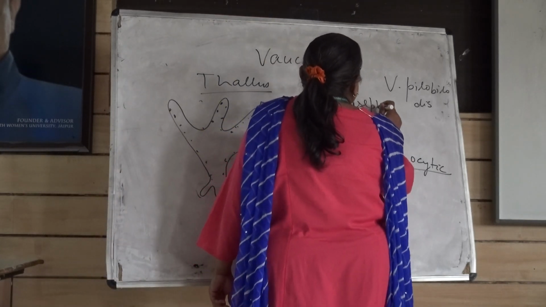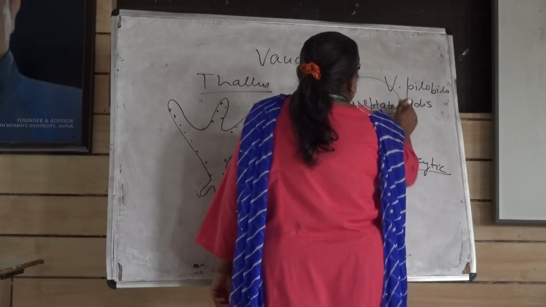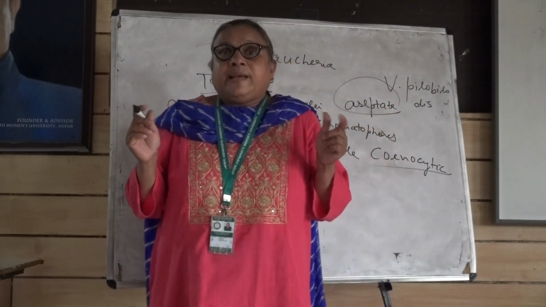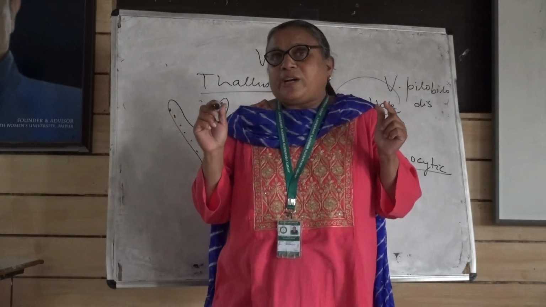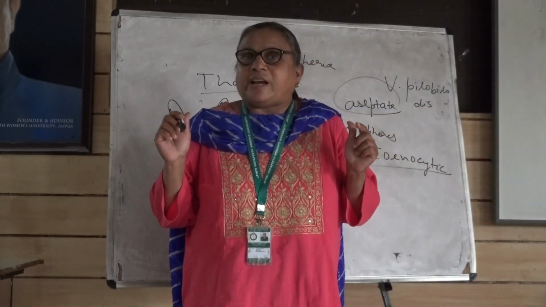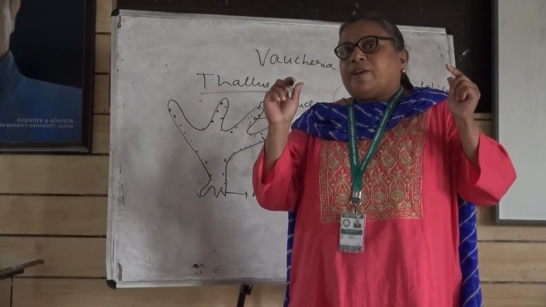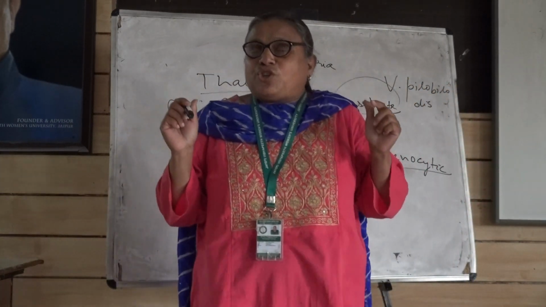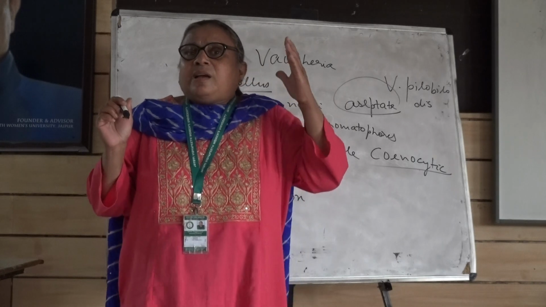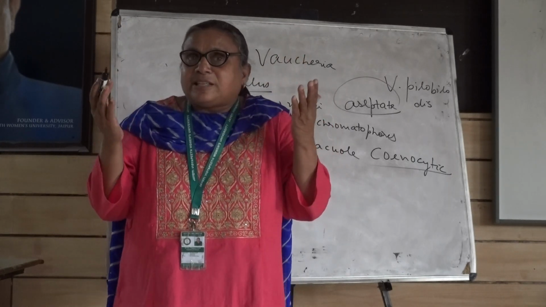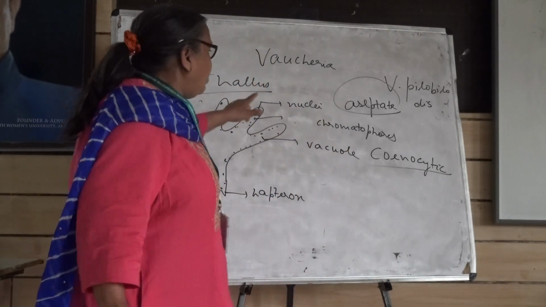No septa formation occurs in Vaucharia filaments, and septa form only at the time of reproduction or at the time of injury. But in one species, Vaucharia piloboloides, septa are found in the thallus.